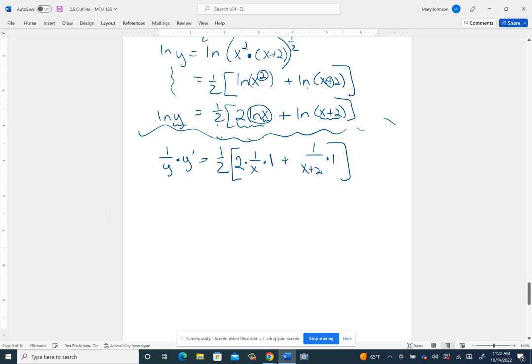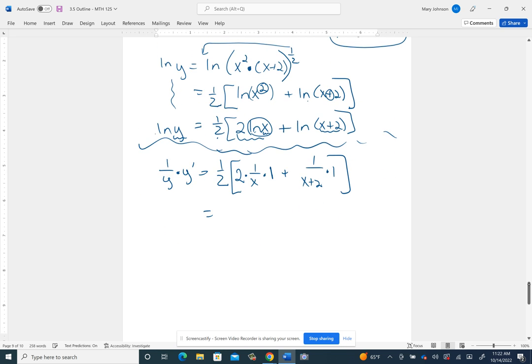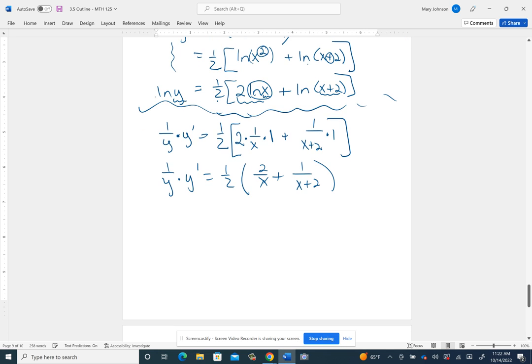Okay? All right, and then I might clean this up a little bit just so I can see what I got. So inside here, I have a 2 over x plus a 1 over x plus 2. Okay, over here, I still have that 1 over y times y prime. All right, I'd like to distribute that 1/2 to both.